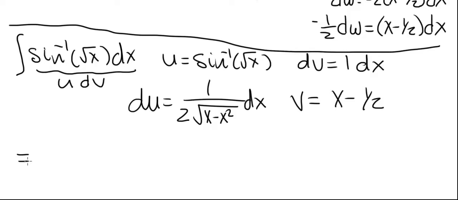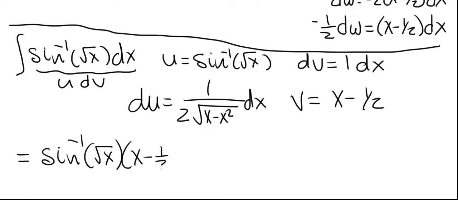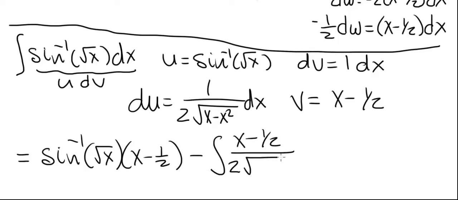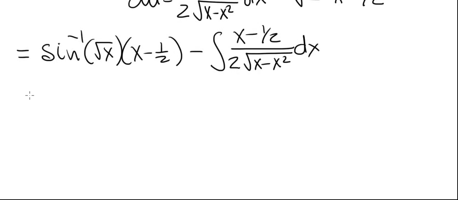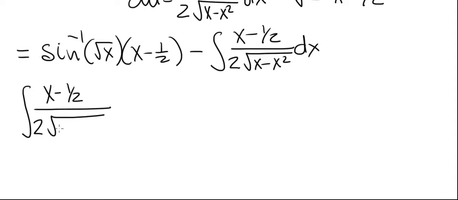So this integral is equal to u times v, which is inverse sine of square root of x times x minus 1/2, minus the integral of x minus 1/2 divided by 2 times square root of x minus x squared dx. So now let's evaluate the integral that's remaining. We'll evaluate it by substitution. So we have the integral of x minus 1/2 divided by 2 times the square root of x minus x squared dx.